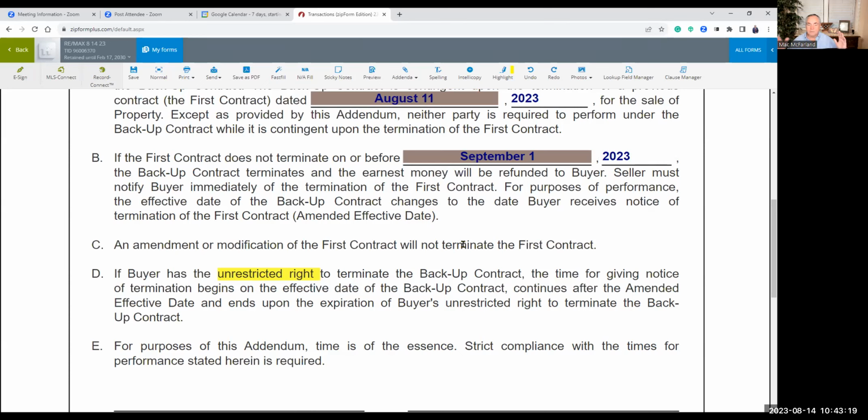So you have 2 option periods basically, but you're only going to pay for one. But paying that one gives you that option. So a buyer on a backup can go look at other properties. And if they find something they like, they can terminate this one. Not a problem. What are they going to lose? If they follow what I gave you, they'll lose their option fee and that's it. Everybody good?